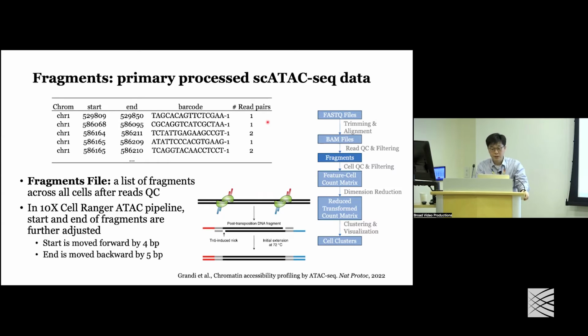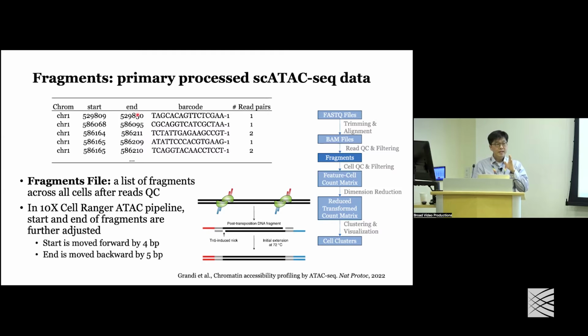One thing I'd like to note here is that the start and end coordinates may not exactly match the read coordinates in the BAM file, especially if this fragment file is generated by the 10x Cell Ranger ATAC-Seq analysis pipeline. I think the reason is actually very biologically driven.